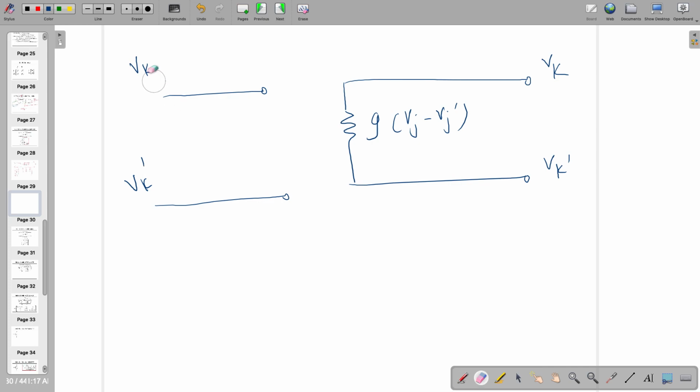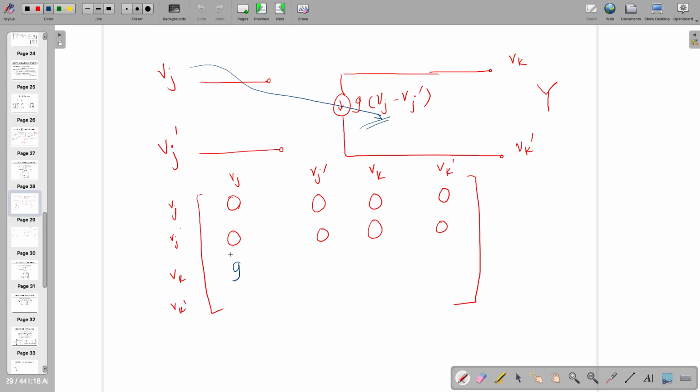So this current is flowing because of Vj and Vj prime, not because of Vk and Vk prime. It is happening between Vk and Vk prime, but this Vk depends on the Vj node and is dependent by G times Vj. So Vk is equal to G times Vj. I am just writing this for this particular matrix entry. So it's G times Vj, so I can remove that Vj.